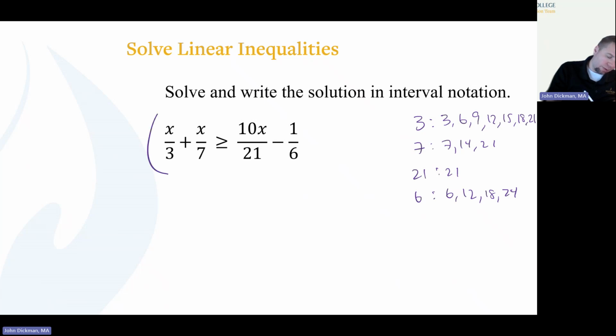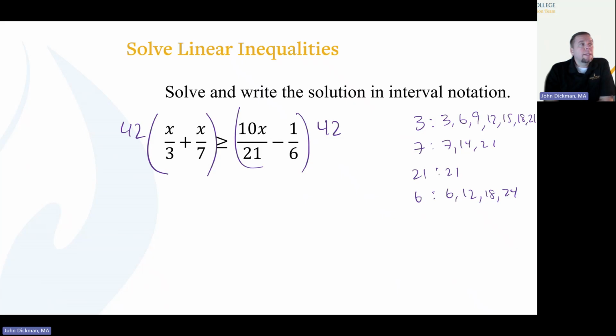So I'm going to multiply through by 42 on both sides of this inequality. What I'm noticing about the inequality is that there's an equal to. That's going to give me a square bracket. I know that right from the beginning.